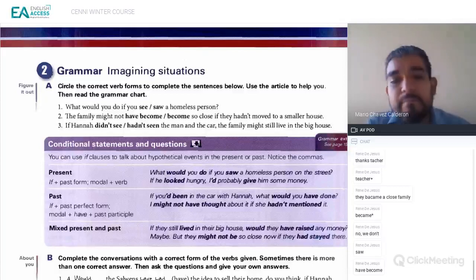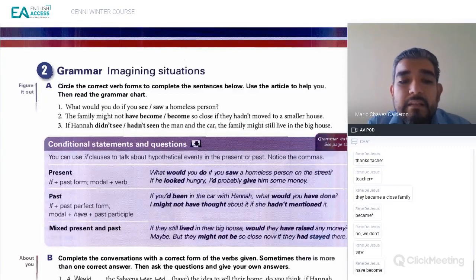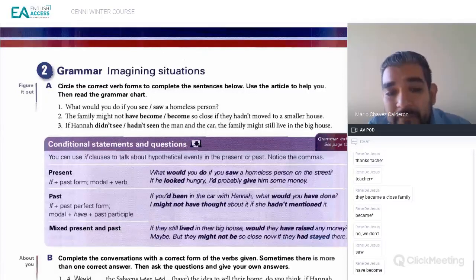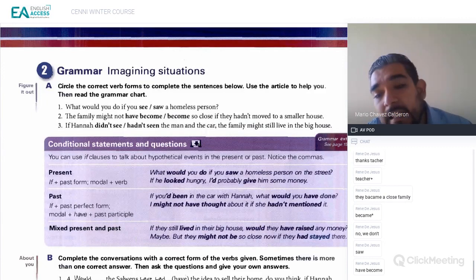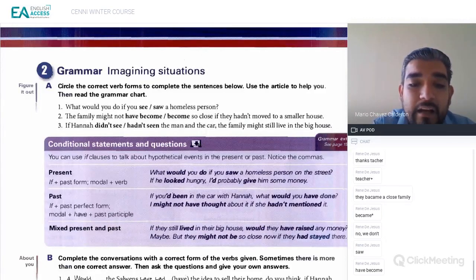Yes, it's have become because we know if they hadn't moved is in past perfect. So if the if clause is in past perfect, the condition should be in a perfect modal. So yes, very good. If Hannah didn't see or hadn't seen the man in the car, the family might still live in the big house.